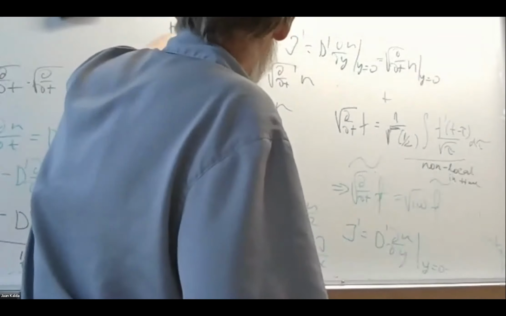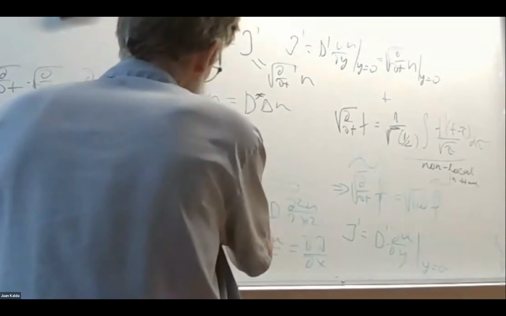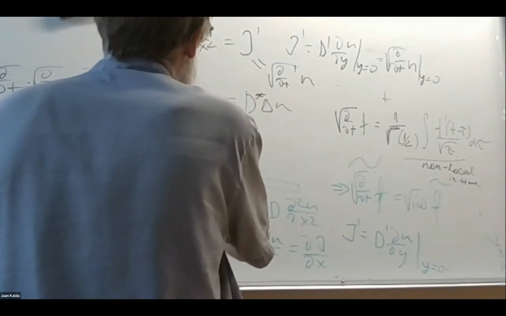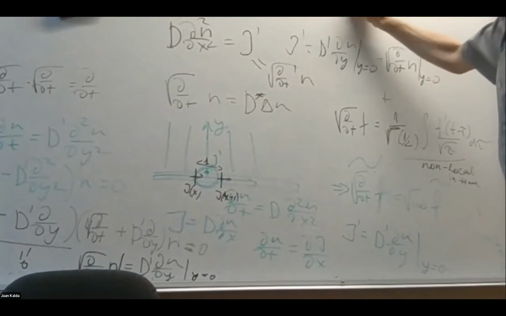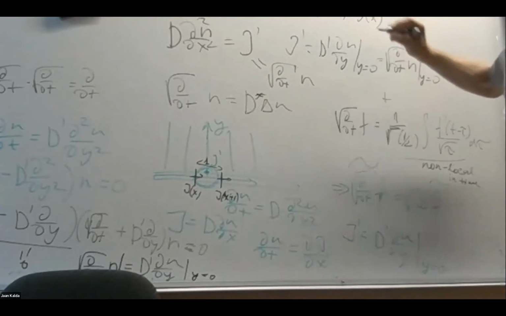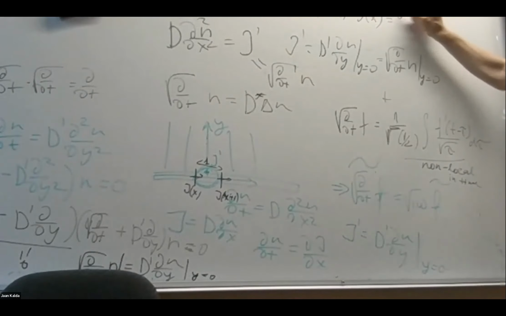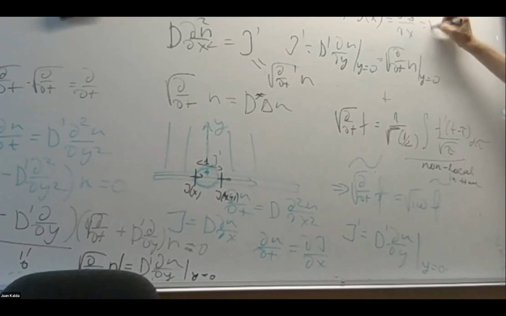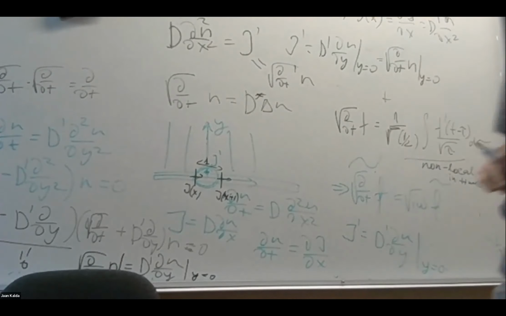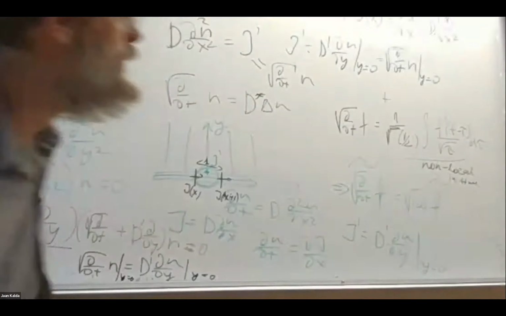Now jx plus 1 minus jx equals dj over dx, which equals d times d squared n over dx squared, if the distance between the T's is unit.